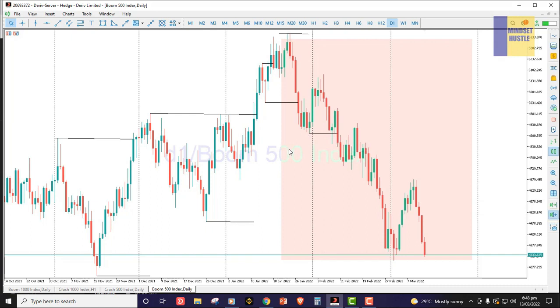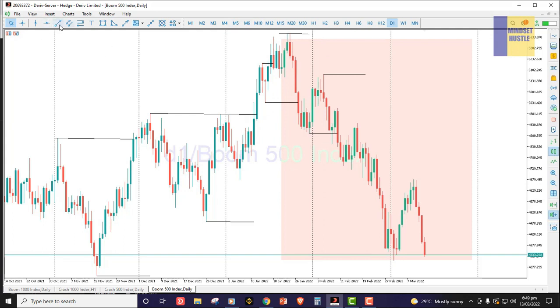Once that happened, this now gives you an idea that we are now changing from an uptrend to a downtrend. Now we formed a high that is lower than the previous high, instead of it being higher than the previous high, for us to move on in our uptrend.